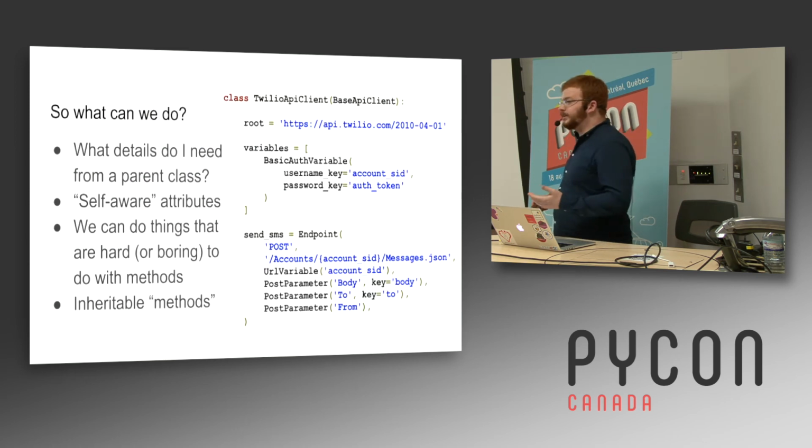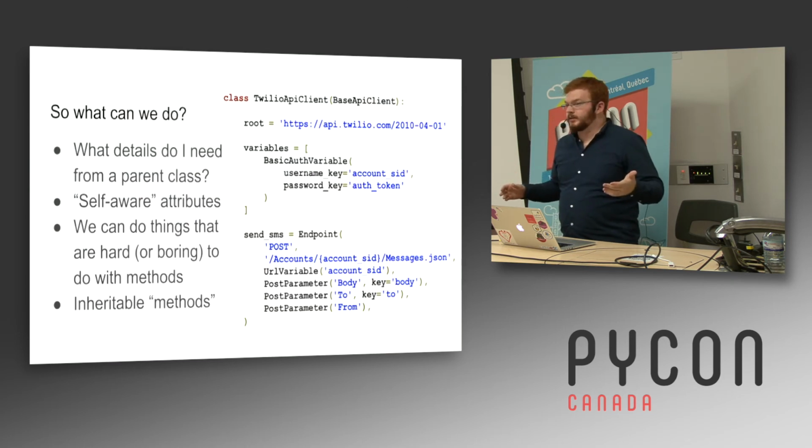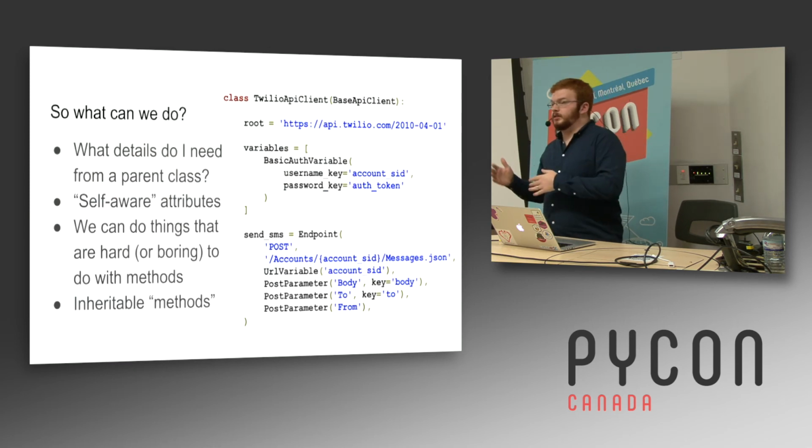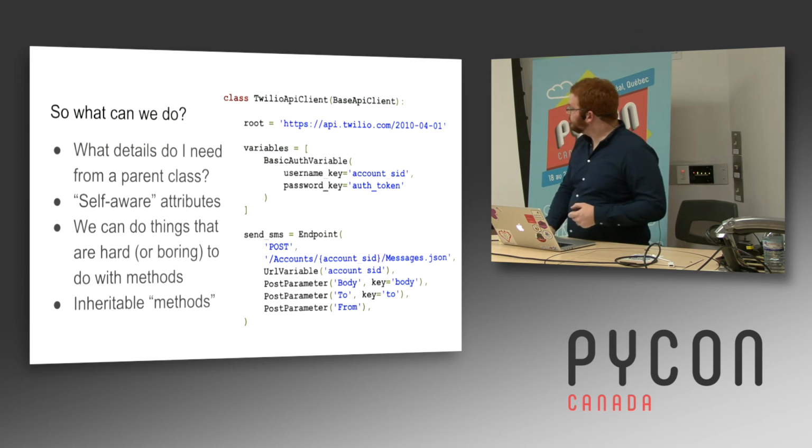We can do things that are hard or boring to do with methods, and we can even build methods that are inheritable, because normally when you write a method, there's no code in it. So you have to rewrite whatever actual executable code you want. In comparison, we can actually build entire objects that have the behavior we need and then treat them like methods.